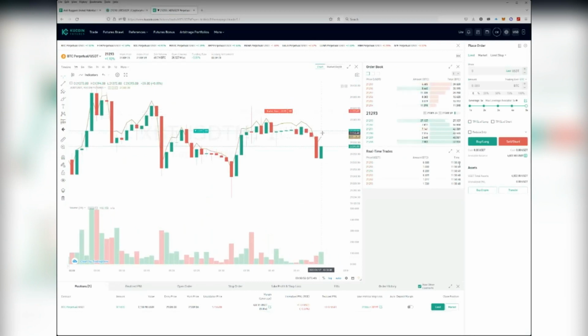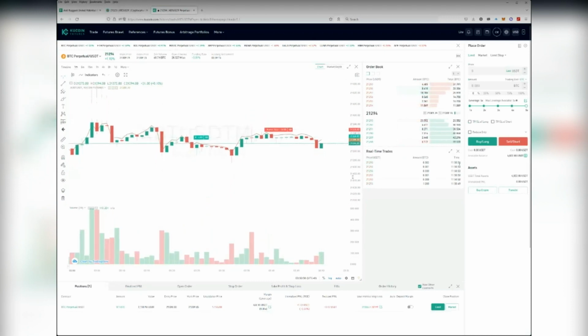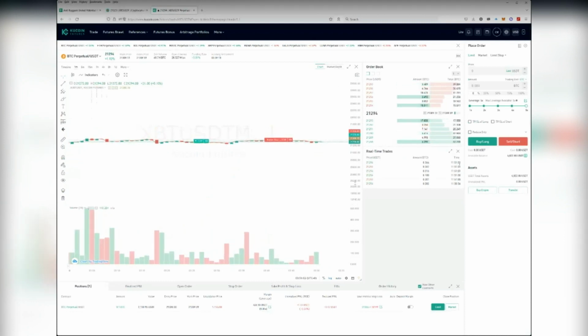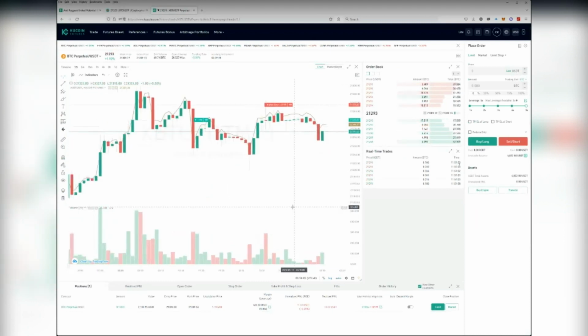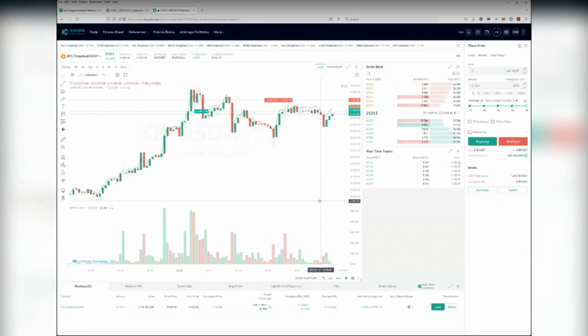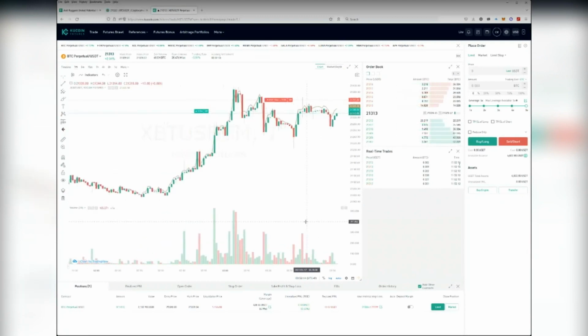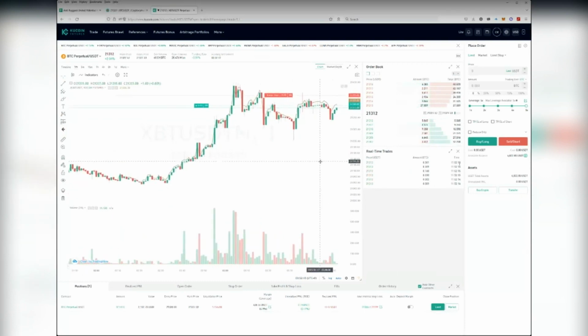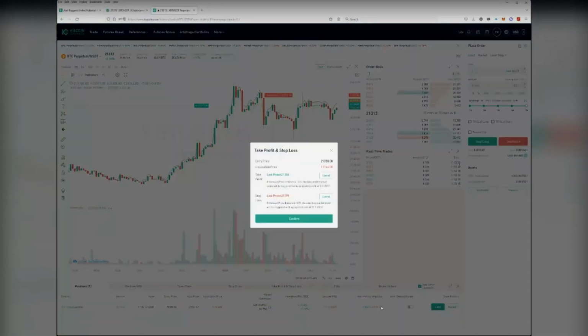It should also be showing my stop loss. 21.9. Come on, guys. Where's my stop loss? Might have to refresh a couple times. Stupid Kucoin. Yeah, as you can see, this is one of the reasons why I don't like Kucoin. It doesn't even work correctly half the time. Make it maybe 21,200. Like a full number.